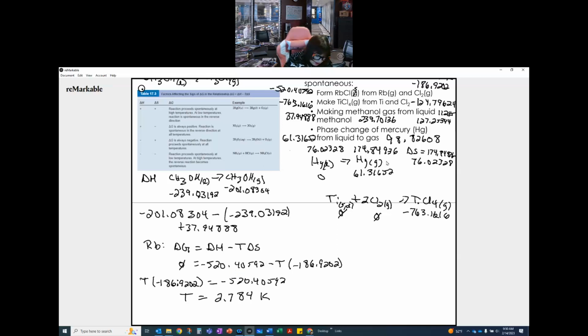It's just my preference. So I take my negative 186.9202. I divide that by 1,000. And so that changes this to negative 0.186922. And that changes this math, of course.